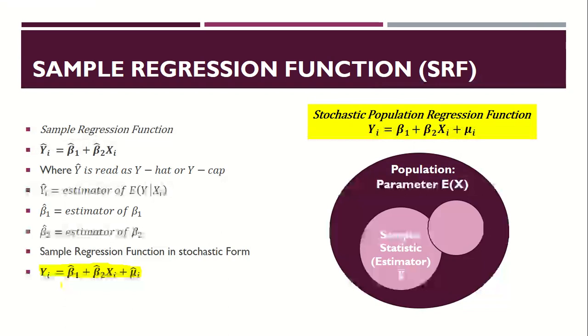So that is the key difference between the sample regression function, which we use to draw inferences about the population regression function, this one. Actually we take this stochastic sample regression function to make inferences and to draw inferences about the population regression function, this one.